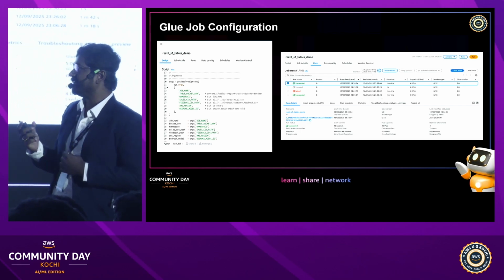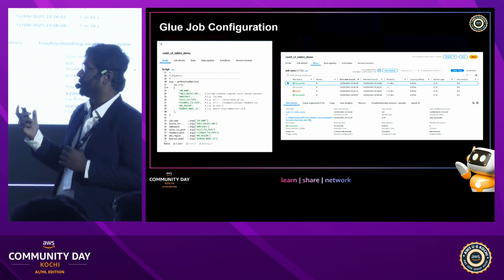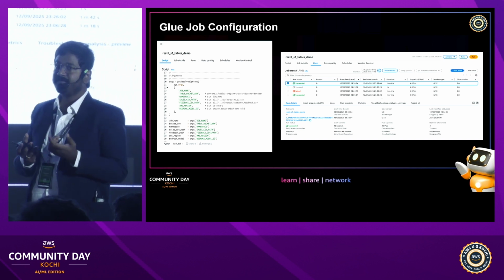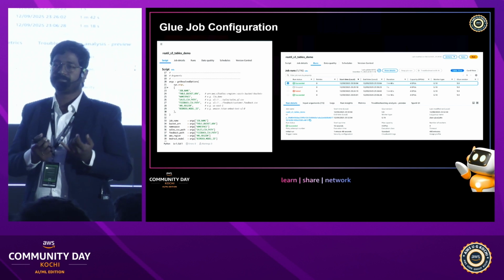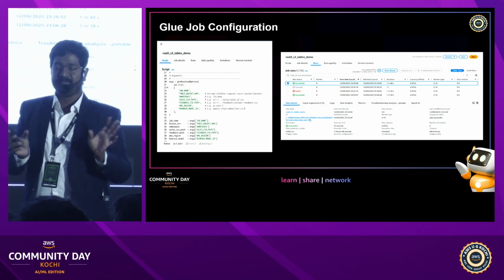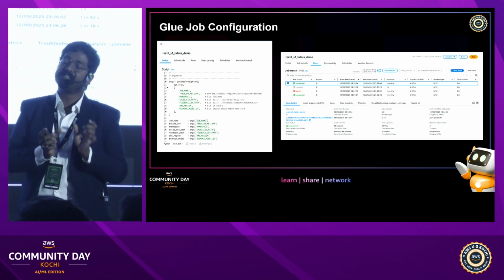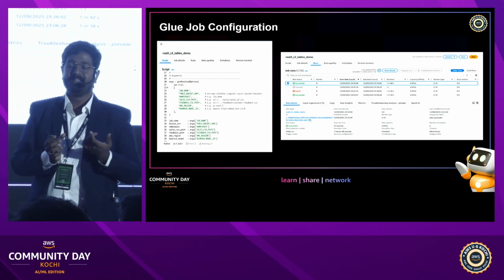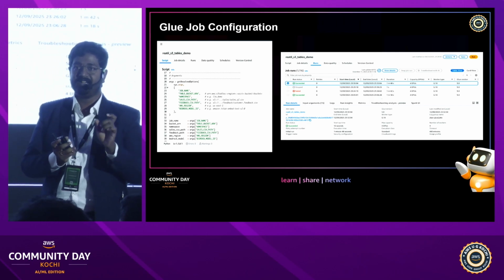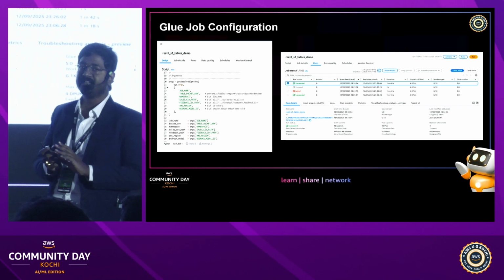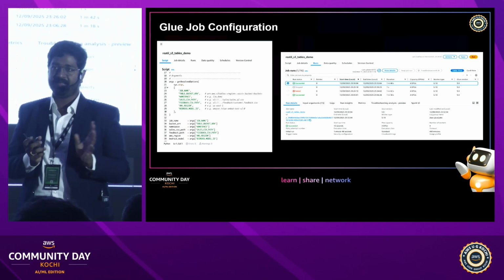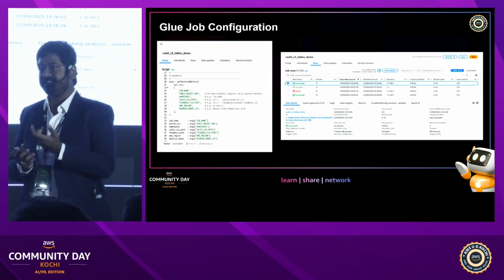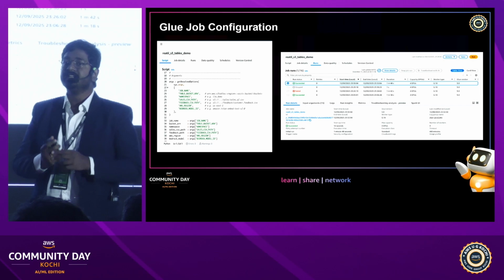Other than that, we create a Spark session. In terms of using Spark, there is a concept called the Spark session, which acts as an entry point, similar to the main method in programming. In Apache Spark, we have a Spark session which needs to be configured.